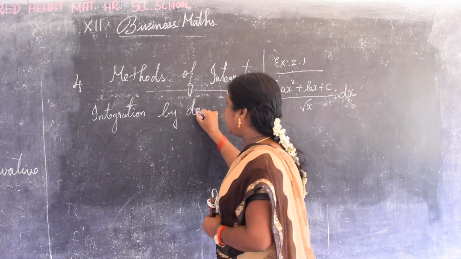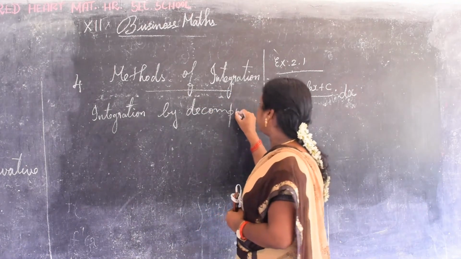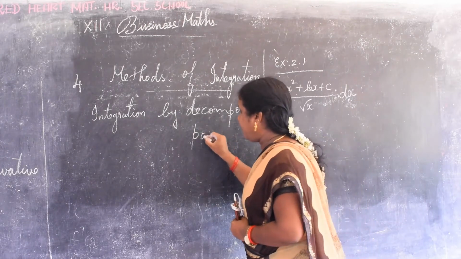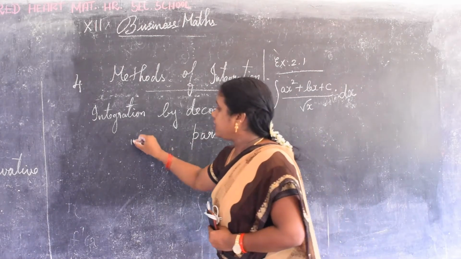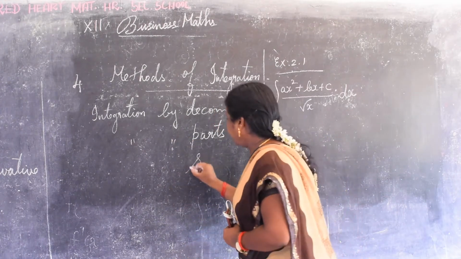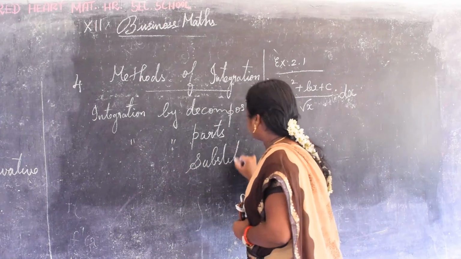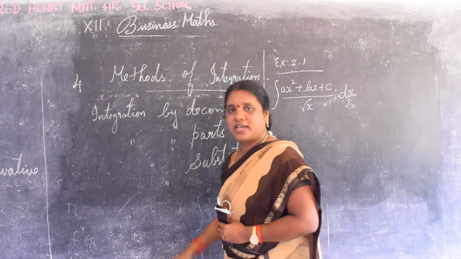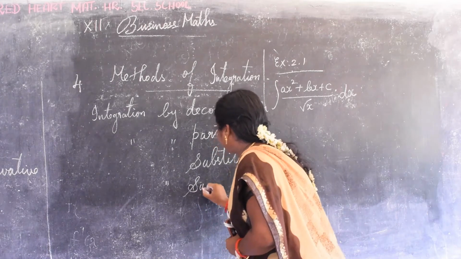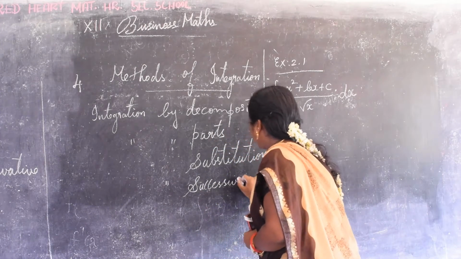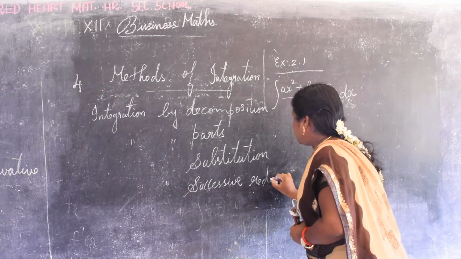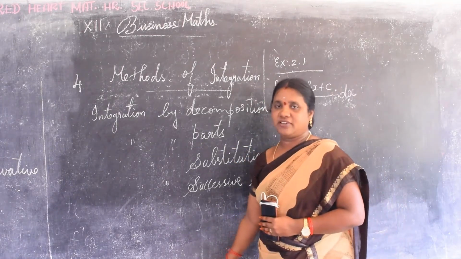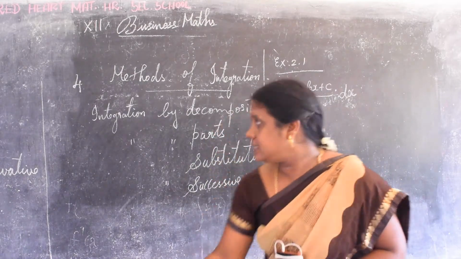First one is integration by decomposition. Next one is integration by parts. Third one is integration by substitution. Last is integration by successive reduction. In this chapter, we are going to see about these 4 methods of integration. Have you understood? Next, our results.